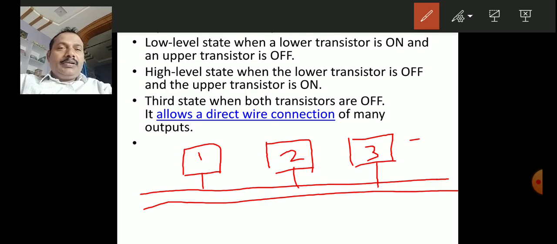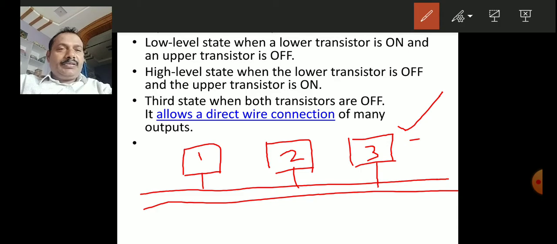For example, for a third state, how it will be helpful is whenever the TTL device is in the third state, it is in a high impedance state, that is off. That means, let us take this device.